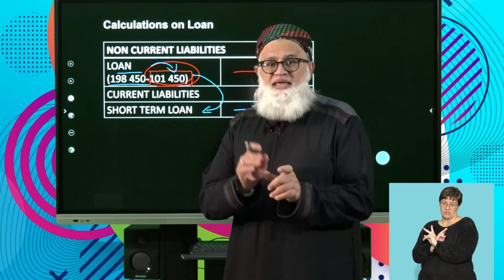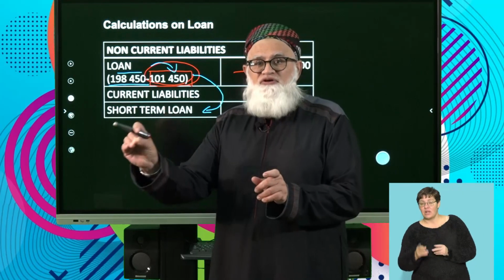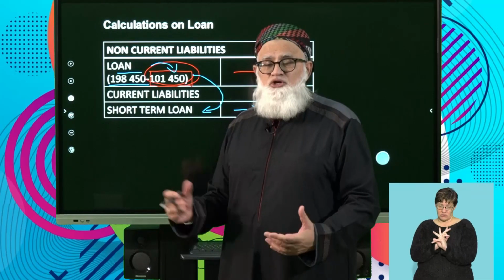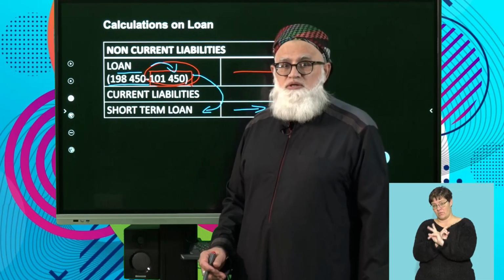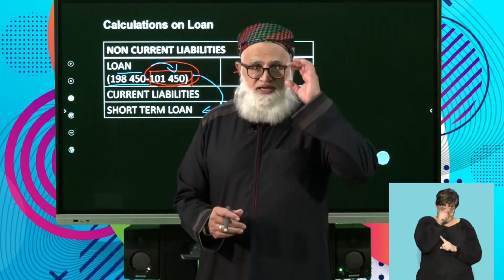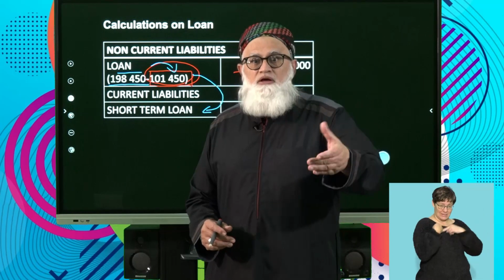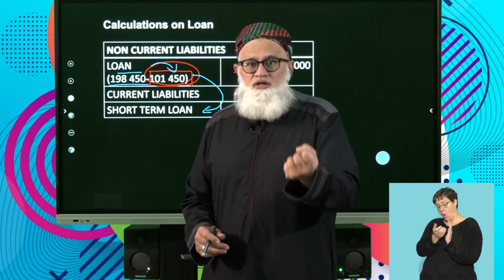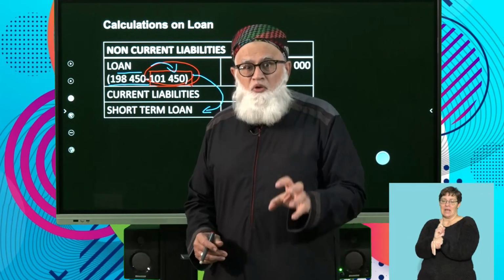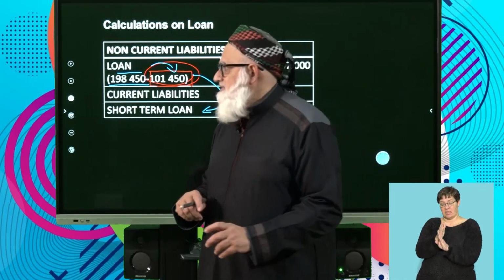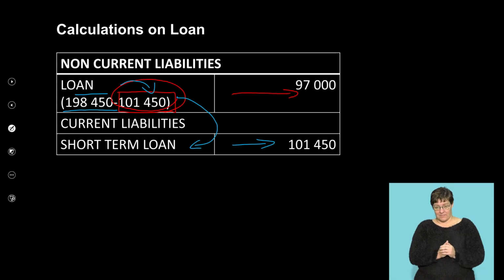That means payable within 12 months. That's your current portion of your loan, also known as the short-term loan. Clear, guys? So whenever you're dealing with a loan, remember the separation. Separate your non-current liability from it, remove the short-term loan, that portion of the loan that's repayable within 12 months.